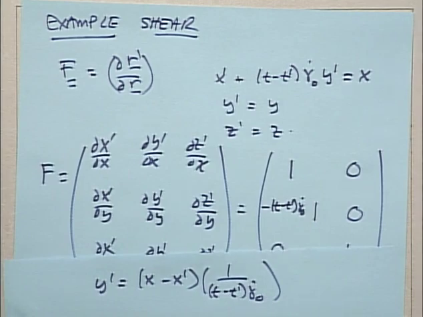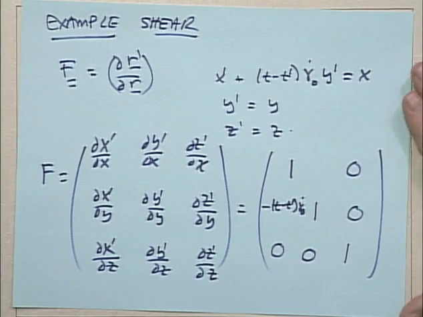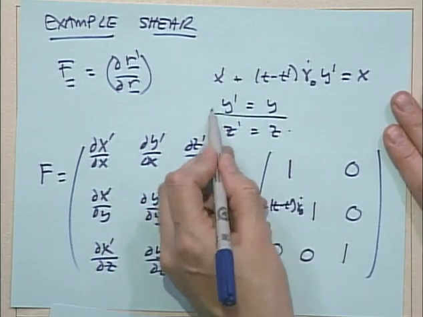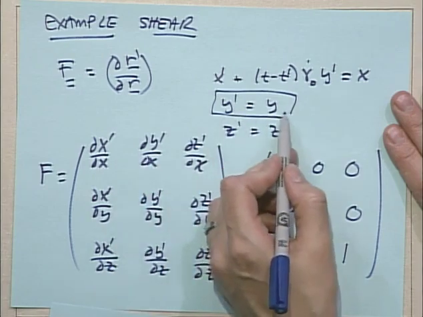Well, I'm painting myself into a corner for some reason. Oh, I see. Excuse me. I want to take dy prime with respect to x, which is right here. The partial derivative of y prime with respect to x is 0.